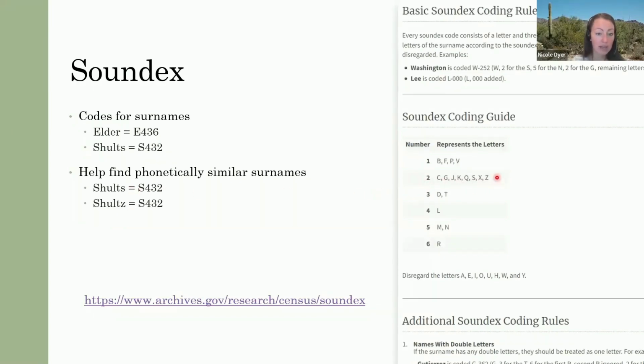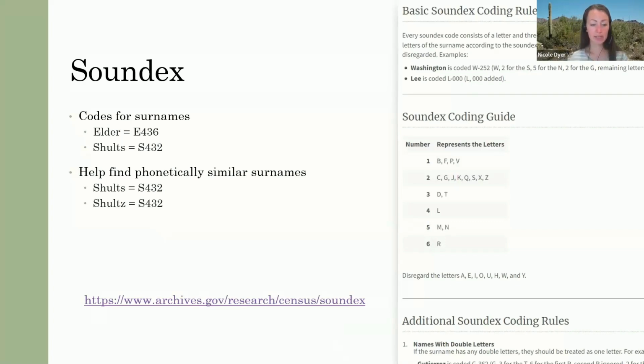So any variation of Schultz that ends with any of these is going to have the same code and wind up with the same number. So when you search in a database that uses Soundex, it automatically will convert the name into the code and then return anything that also is coded in the same phonetic way using Soundex.